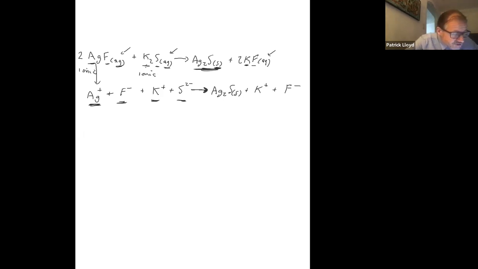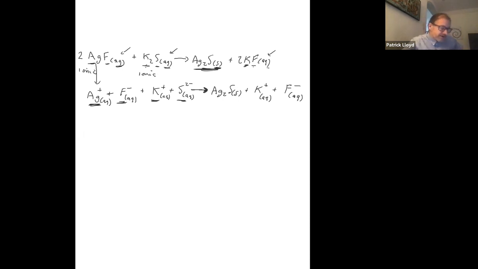Again, aqueous, so two separate things. If it has a charge, if you separated it, write aqueous next to it. Anything you separated, write aqueous, because that's really what the separation is. It's saying that it's dissolved in water, so it's aqueous. Okay? Now let's go back and do the numbers.